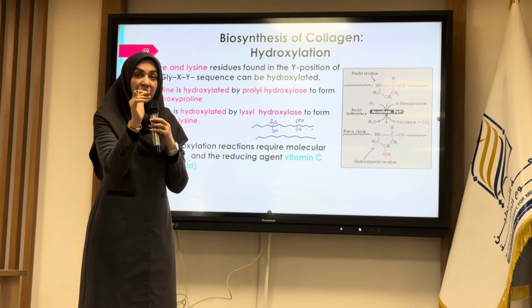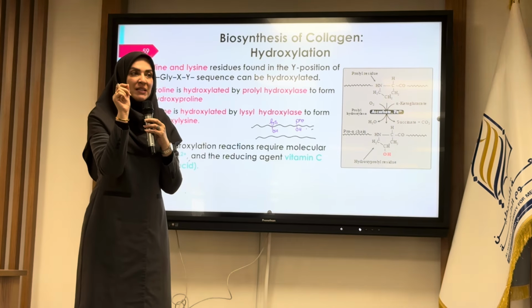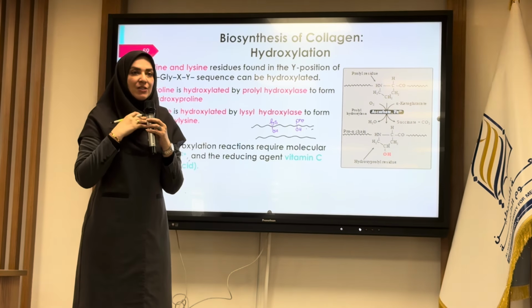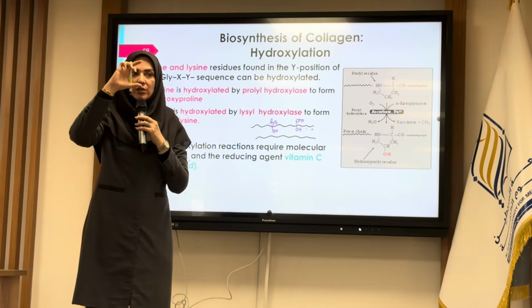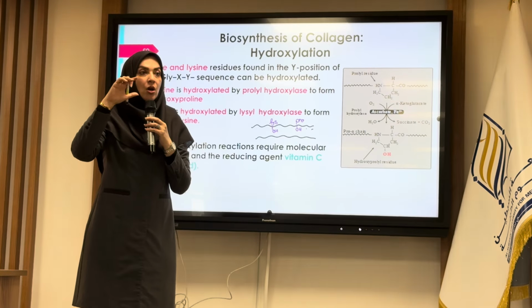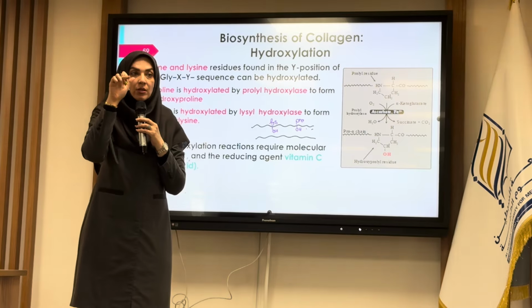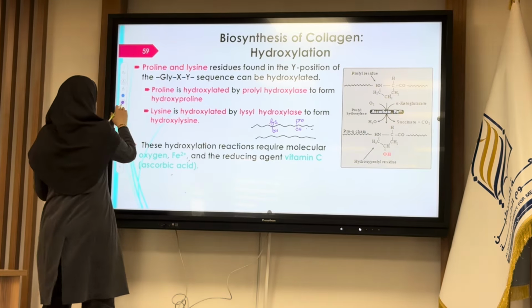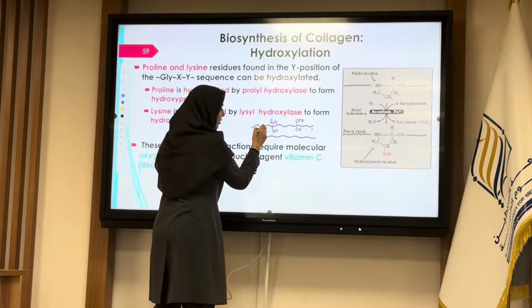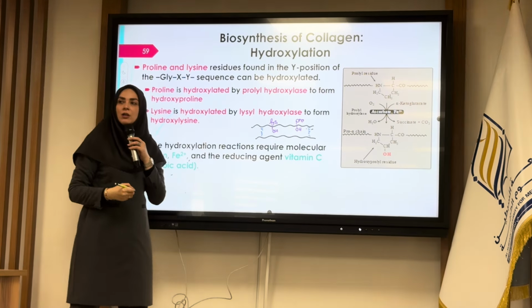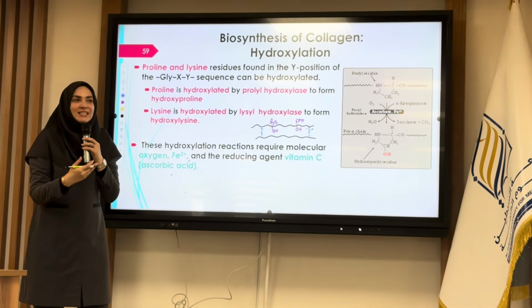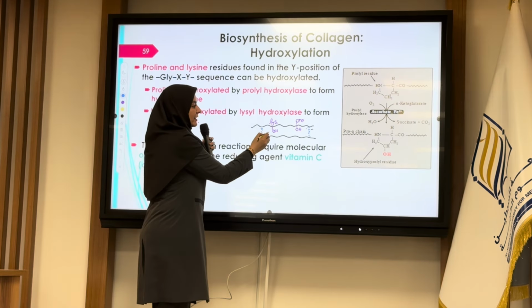Wait. Recall the bond between alpha chains. As I mentioned, what is the bond between the alpha chains of the collagen? Hydrogen bond. Am I right? You have a hydrogen bond here, for stabilization of your collagen. So what is the reason for adding hydroxyl?